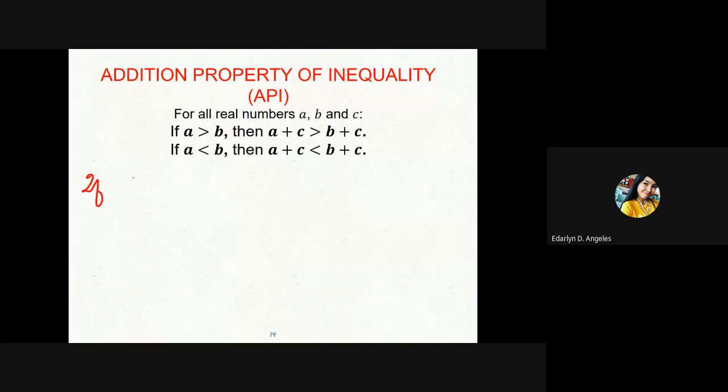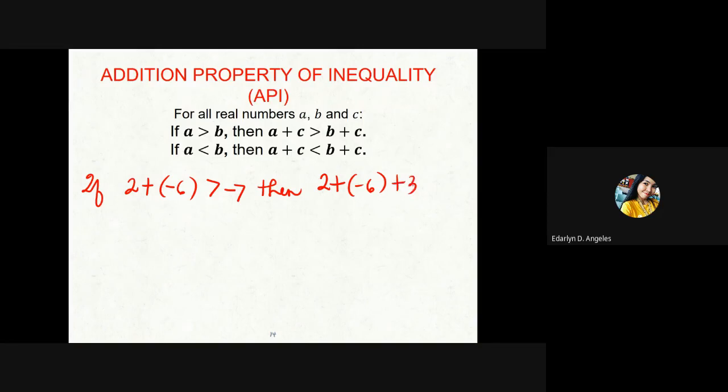If our A, class, is 2 plus -6 and our B is -7, so we have 2 plus -6 is greater than -7, then 2 plus -6 plus 3.